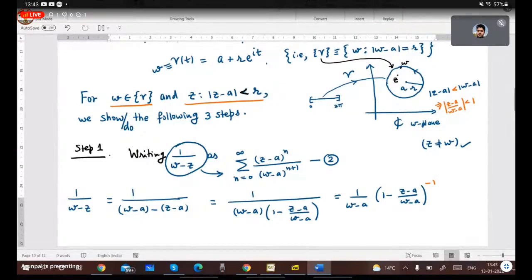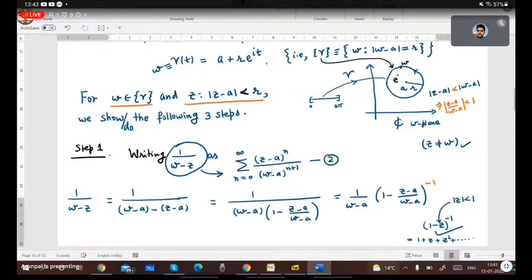So class, now you know that if you have an expression of the type 1 minus Z to the power minus 1, and this mod Z is less than 1, you know that you can write a series expansion for this, and this is equal to 1 plus Z plus Z square plus dot dot dot.